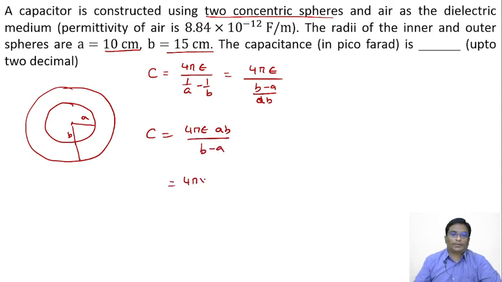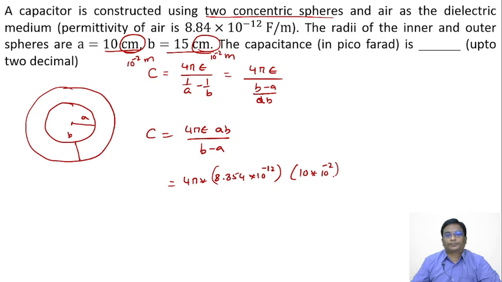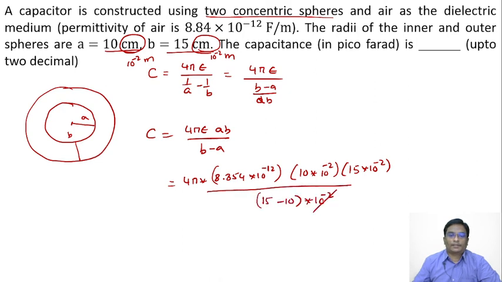This is 4 pi into epsilon, 8.854 into 10 power minus 12 farad per meter, into A, 10 centimeters, converted into meters is 10 power minus 2 meters, into 15 into 10 power minus 2, divided by B minus A, which is 15 minus 10 into 10 power minus 2. The 10 power minus 2 terms cancel. Rearranging these terms, you will get something like 33.33 pico.